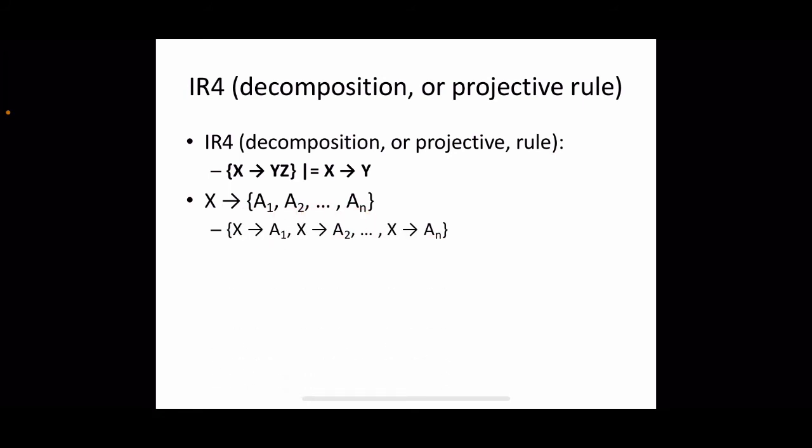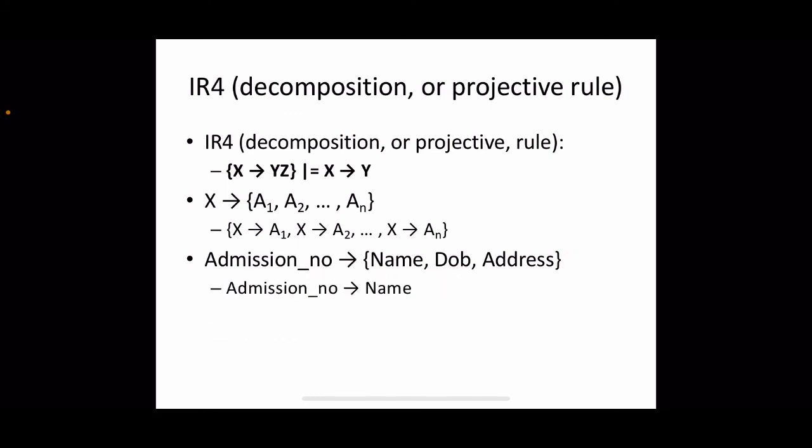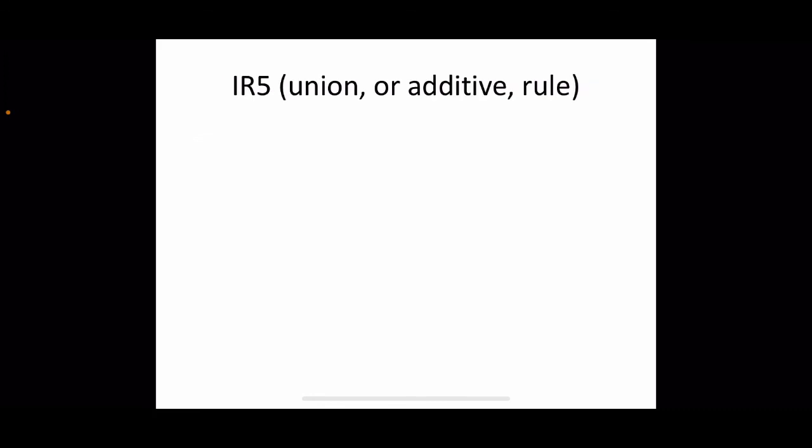Then from this we will infer X determines A1, X determines A2, etc., X determines An. For example, we have a dependency admission number determines name, date of birth and address. We can infer from this admission number determines name, admission number determines date of birth and admission number determines address. These are using IR4.